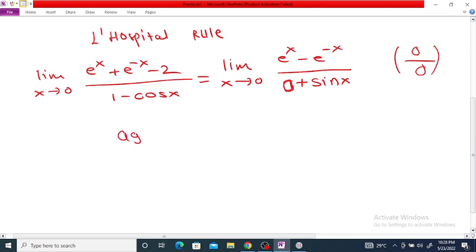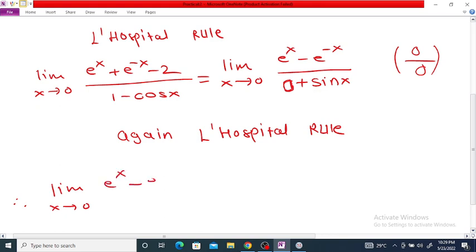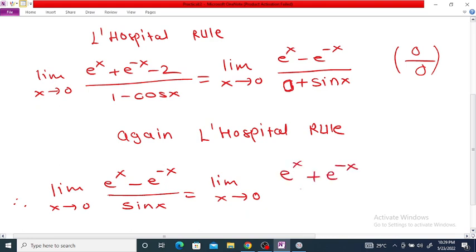by using L'Hospital rule, if we apply it again and differentiate, then this is equal to the limit as x tends to 0 of (e raised to x minus e raised to minus x) divided by sin x, which is the limit of e raised to x plus e raised to minus x divided by cos x.